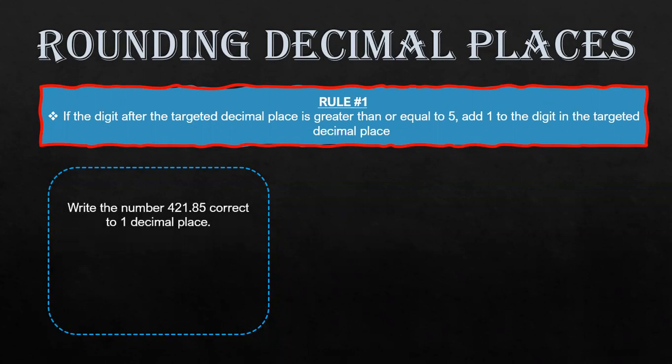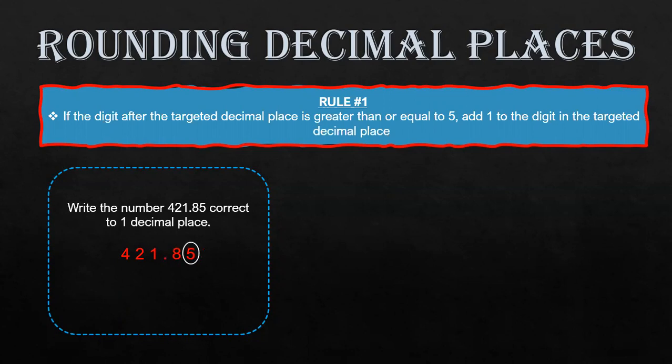We are asked to write 421.85 to 1 decimal place. So the first thing we do is to identify the digit that is in the first decimal place. That's our targeted decimal place, and we notice that's 8. Now we look at the digit that comes after the targeted decimal place, which is 5.